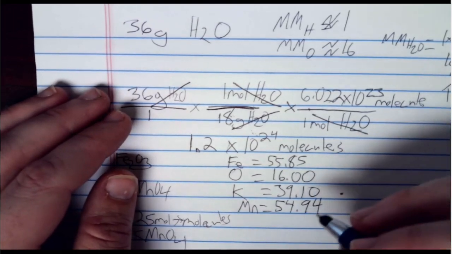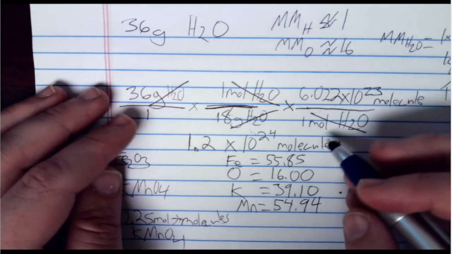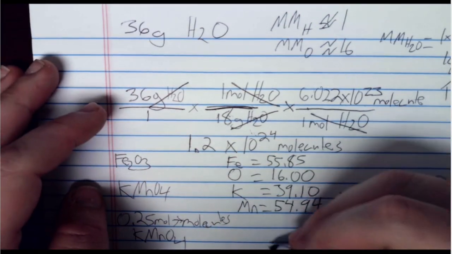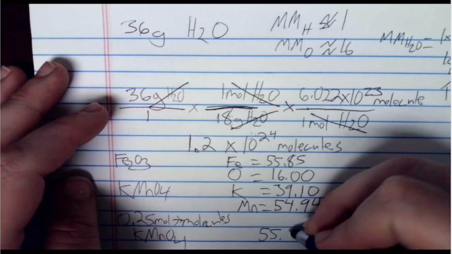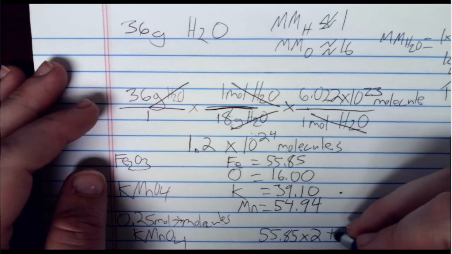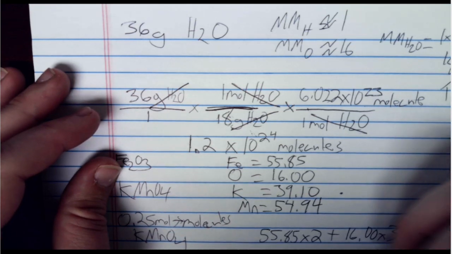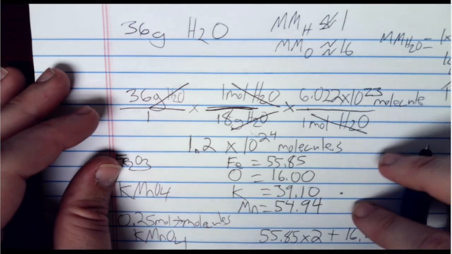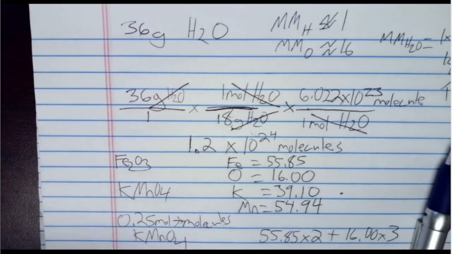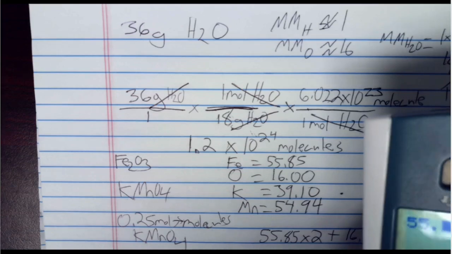If I want to know the molar mass of iron(III) oxide, we're going to take 55.85 times 2 plus 16.00 times 3, and we're going to sum those up. Now, do I expect you to be able to do that in your head? No. That's why we have calculators.